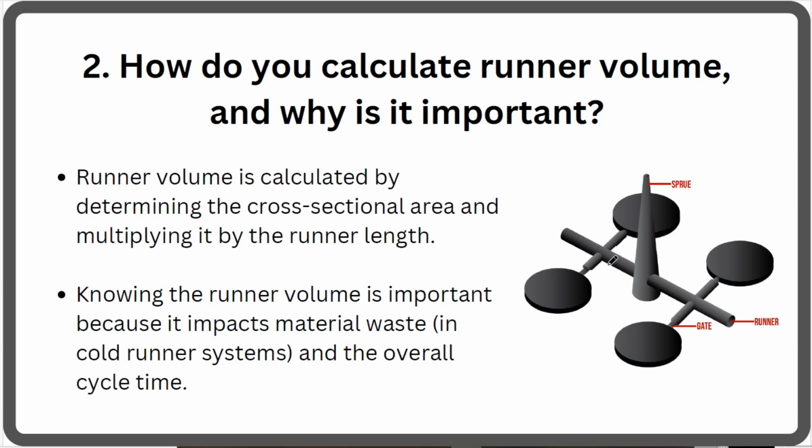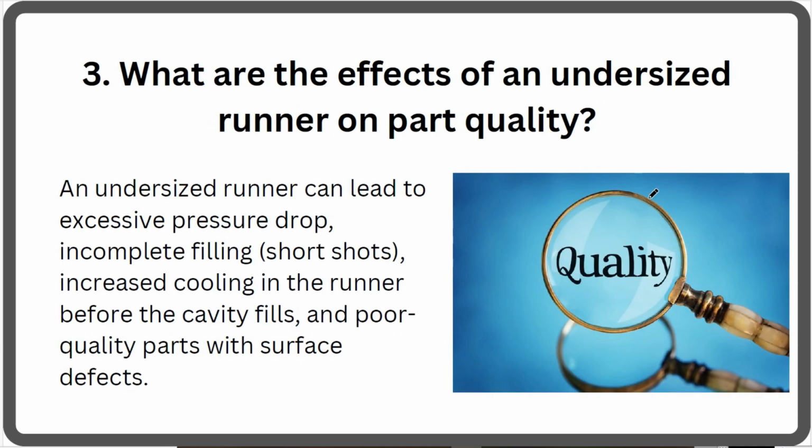It is very important because we can track how much material is wasted, because in cold runner systems we are cooling the runner and ejecting the runner also. So we can track how much material wastage there is. For that purpose runner volume calculation is very important.